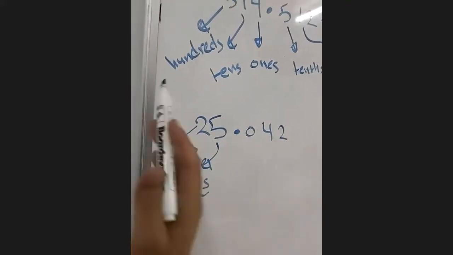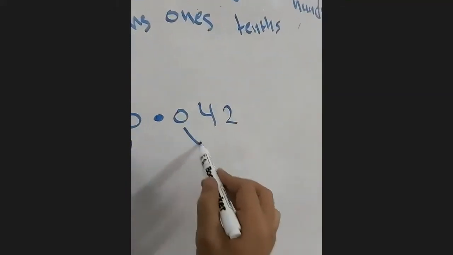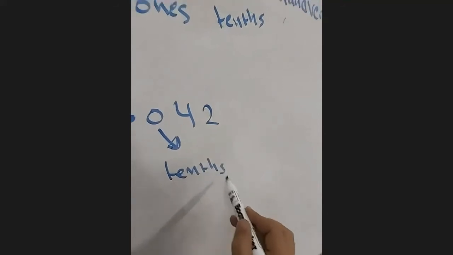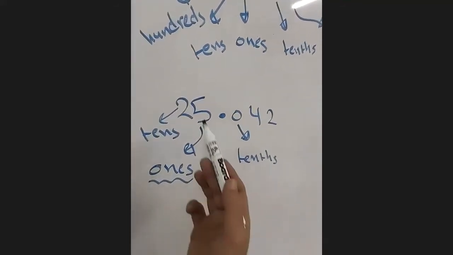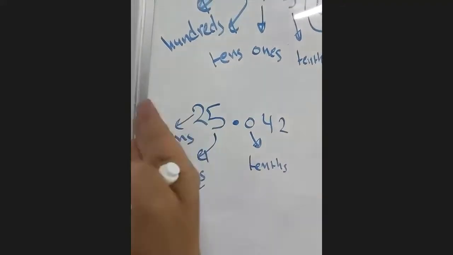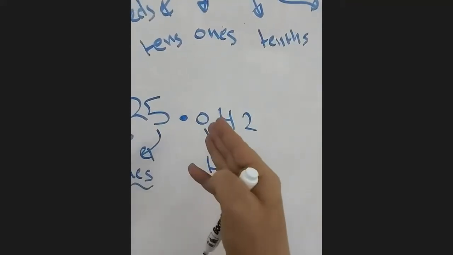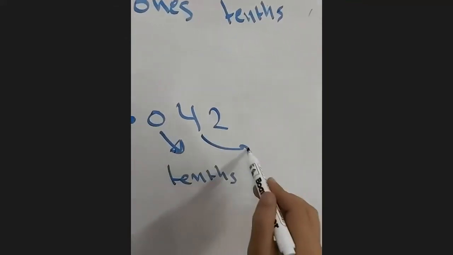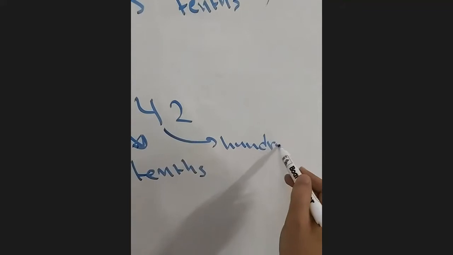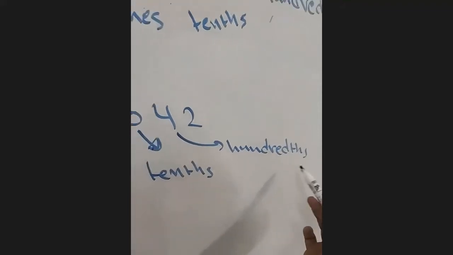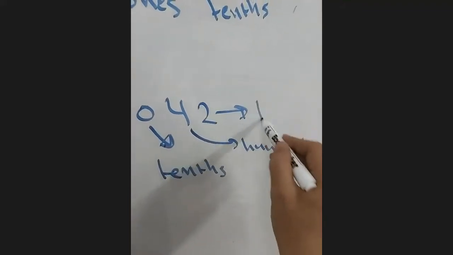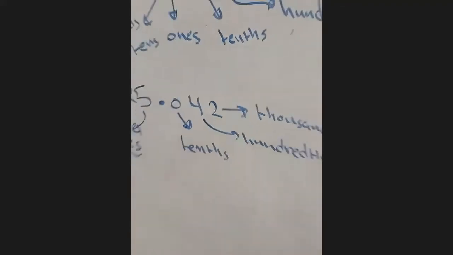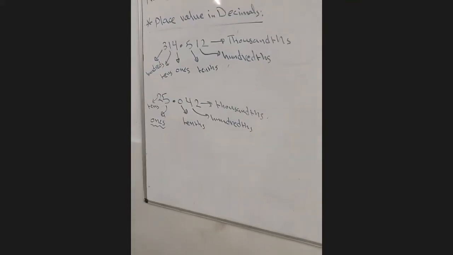So ones, tens, hundreds, and go up. Here, this zero, we call it tenths. We start in decimals with tenths, but in the whole numbers, we start with ones and go to the left. We start with tenths and go to the right. After the tenths, we have hundredths, normally with TH-S at the end. And here we have thousandths. This is how we place value in decimals.